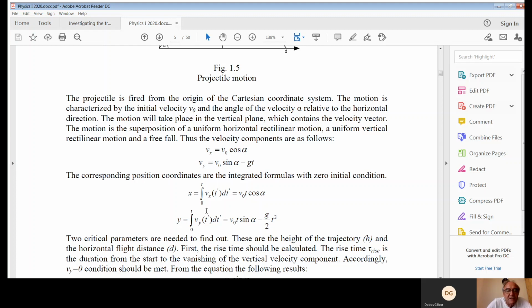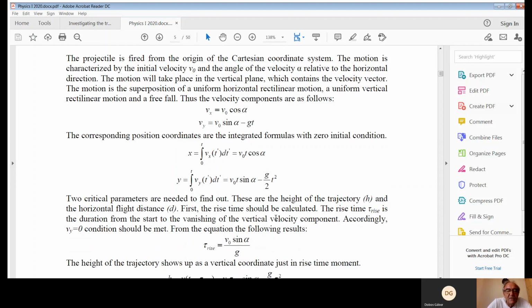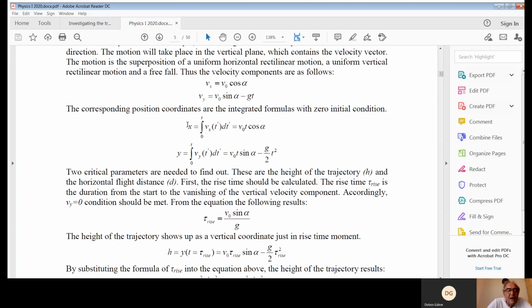If we put it in here, we have an integrated V null sine alpha, and the integrated gt, which is g over 2 t squared. So these are the vector scalar function of t, x and y are the coordinates of the vector, and each is a function of t.